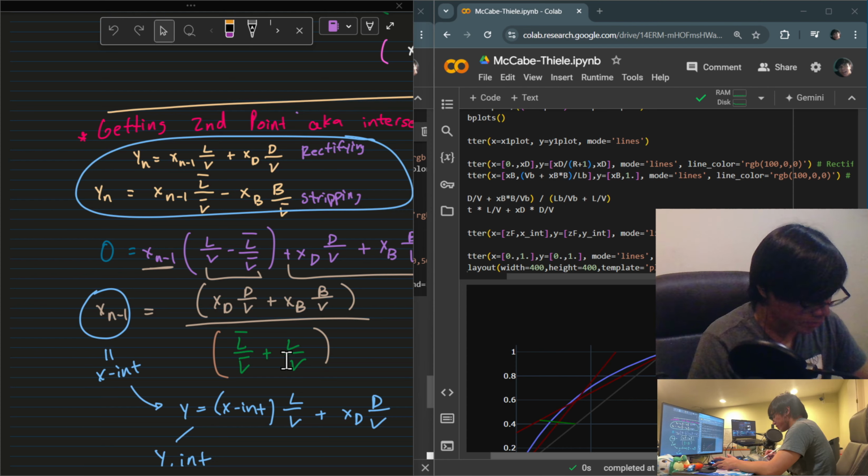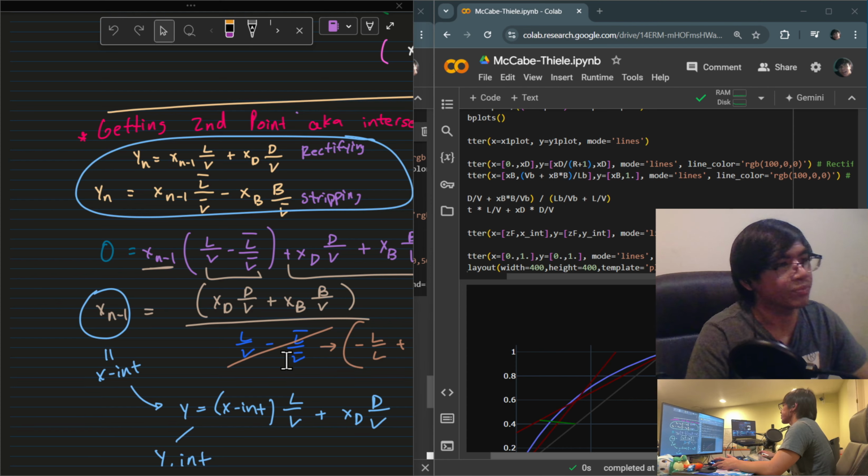So if we rewrite this as it is, divide like normal, we had L over V minus L bar over V bar. And if you apply the negative to that, that becomes negative L over V plus L bar over V bar. So that's actually what we wanted to do. So let's put that right in.